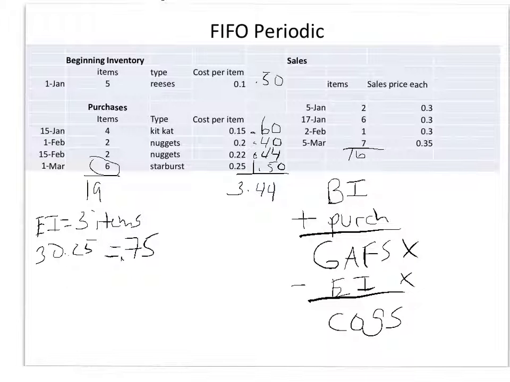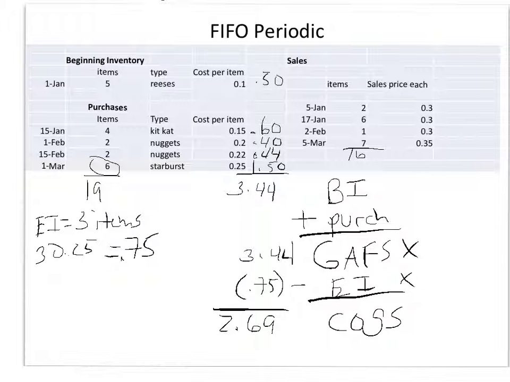So if we have $3.44 in goods available for sale, and then we subtract out our 75 cents of ending inventory, we get a cost of goods sold of $2.69. And so that's how we get our cost of goods sold.